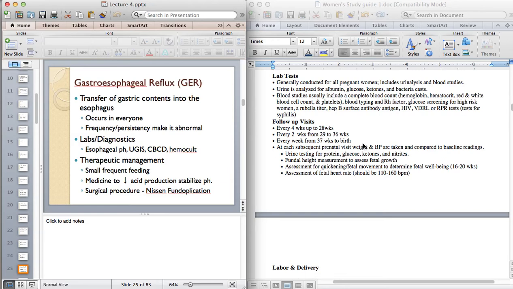In the esophagus, there should not be acid. Acid belongs in the stomach. So if you put that pH probe and it is acidic, it means that the stomach content is transferring to the esophagus.